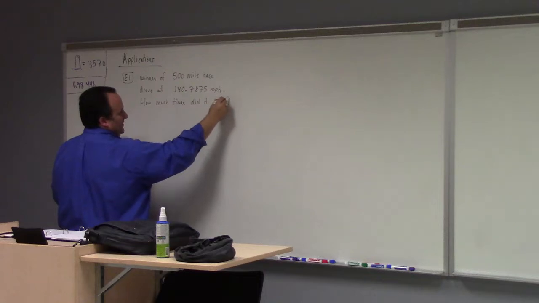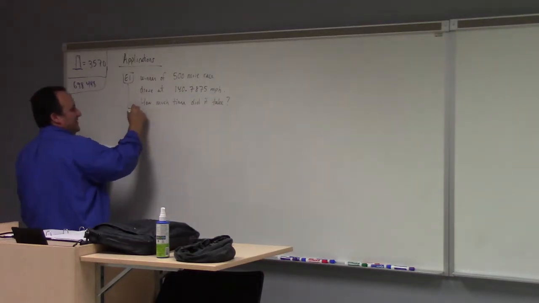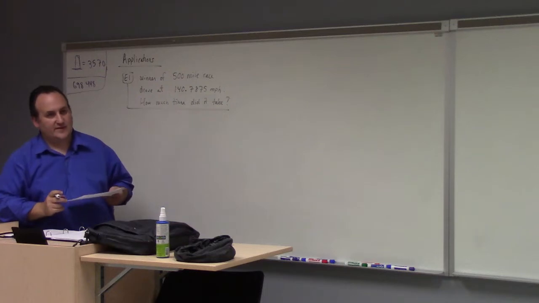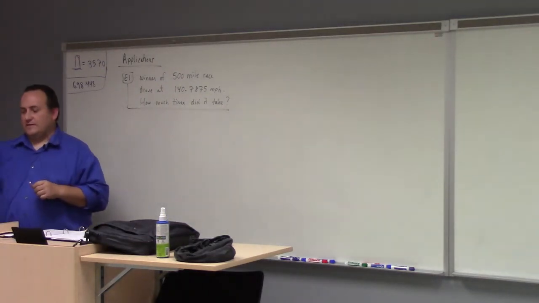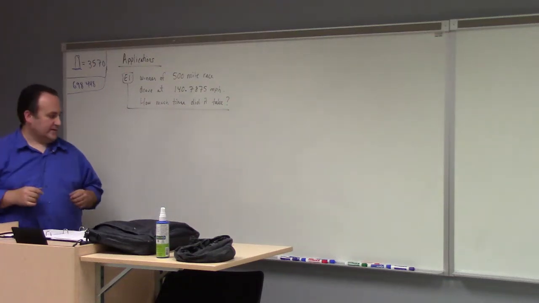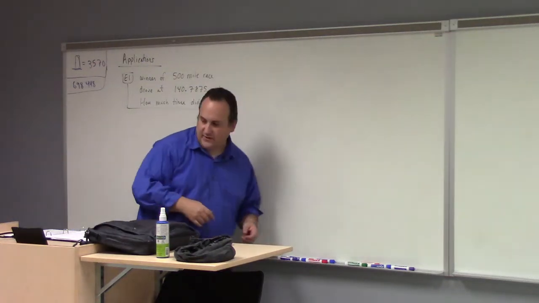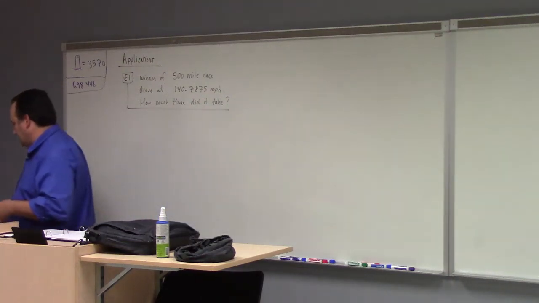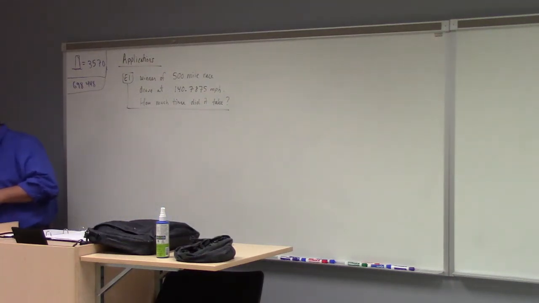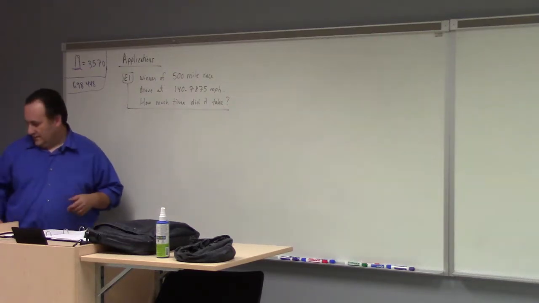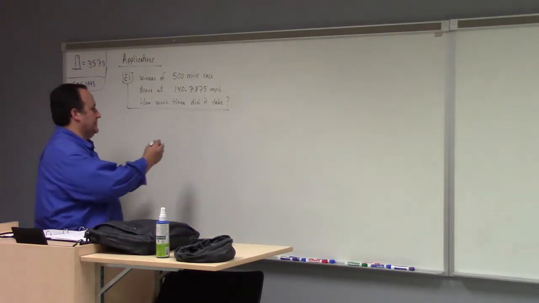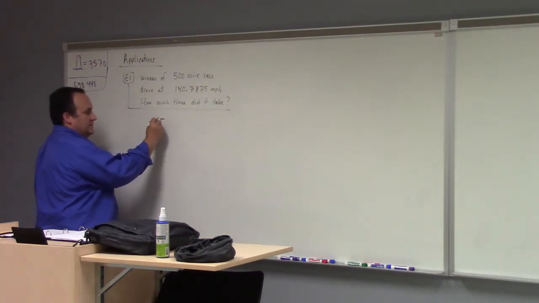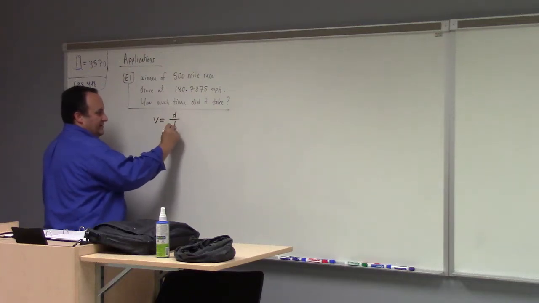And the book asks, look, I can't speak today. The book asks us to give the answer within 1,000th of an hour. All right. So what is the rule here? What's the formula that relates velocity, distance, and time? The velocity is equal to the distance over the time, right?